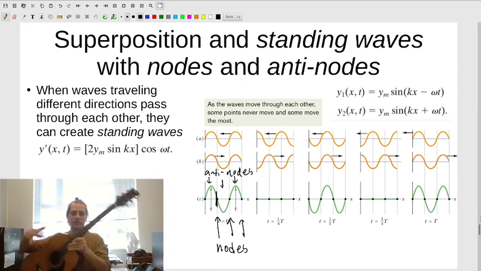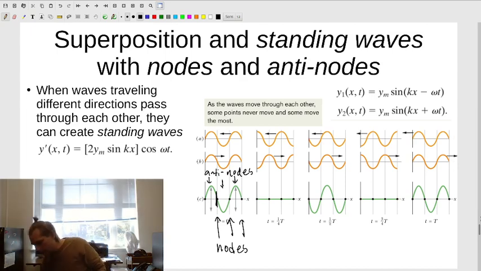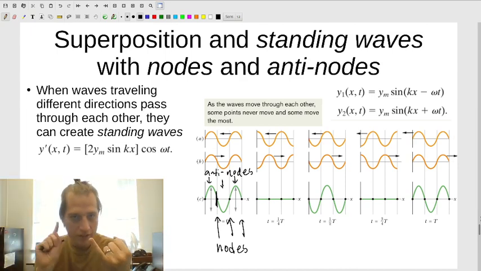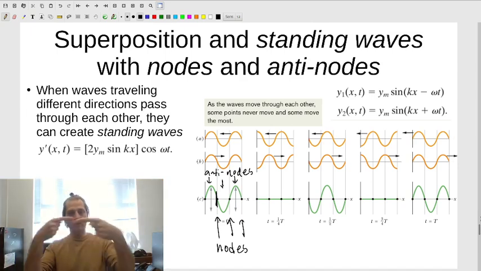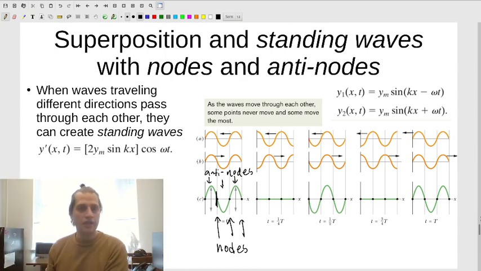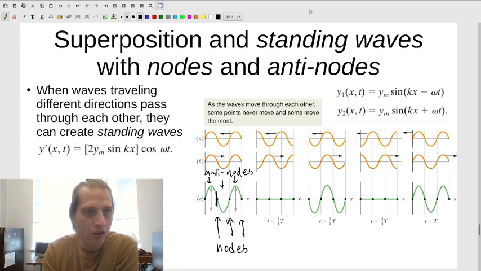So we're going to be talking a lot more about that in class, but the language I want you to have already here is that you have a node and an antinode, and you have two waves that have the same amplitude, same frequency, same period, that are traveling in opposite directions, and that's what's causing this standing wave.